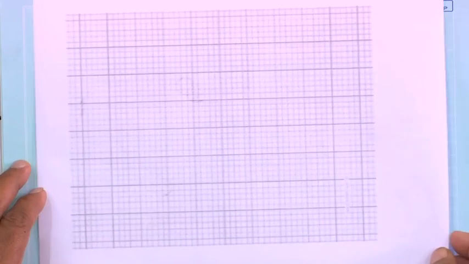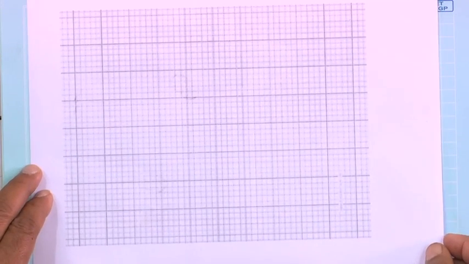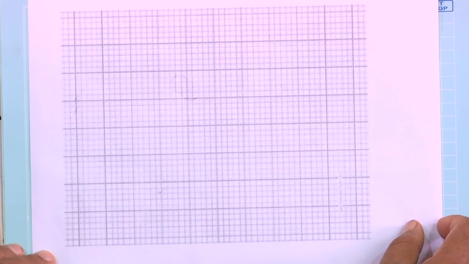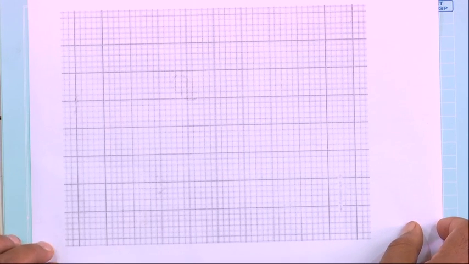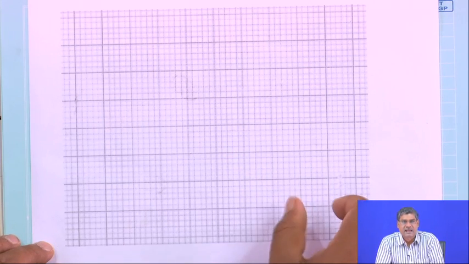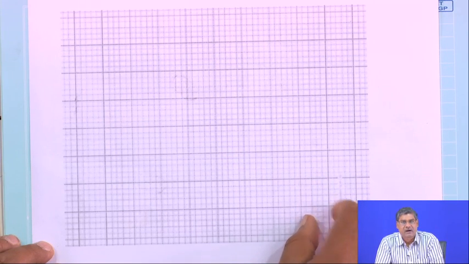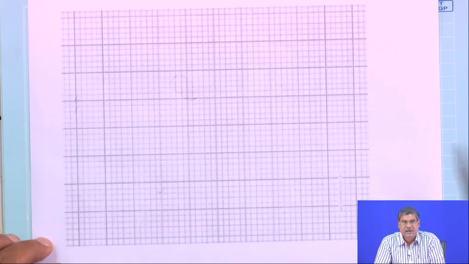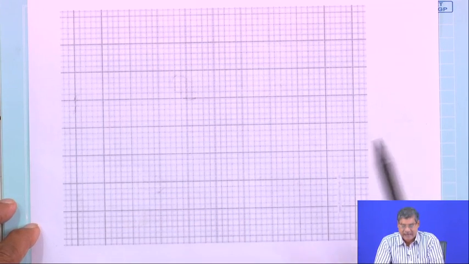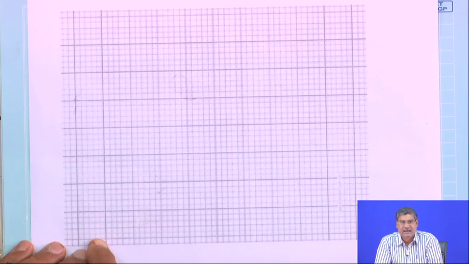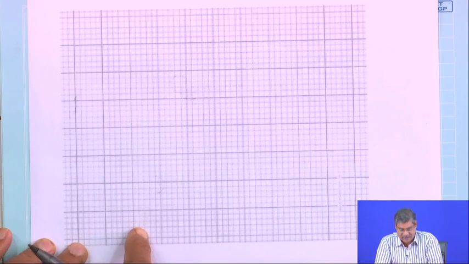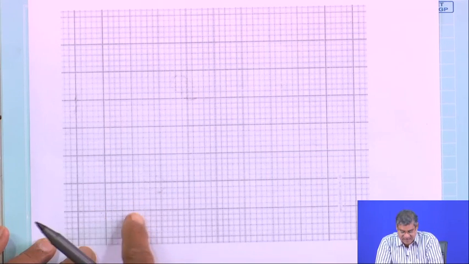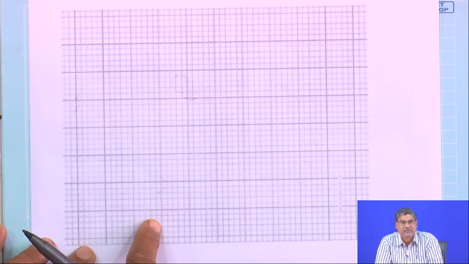So, this is a graph paper, a standard graph paper. A graph paper generally has small square boxes. Okay. So, each box has a length and a width, right. Here this one is a bigger box, and inside it again there are small boxes.